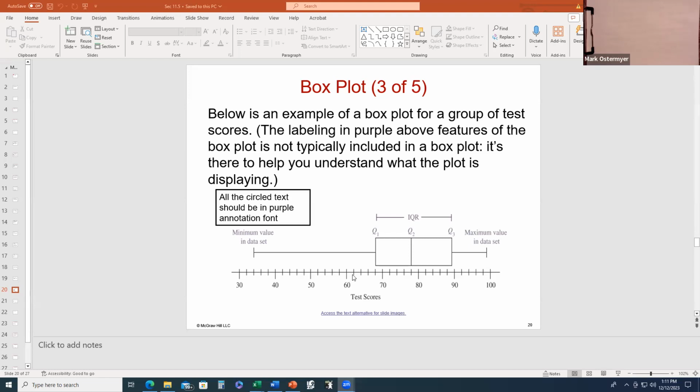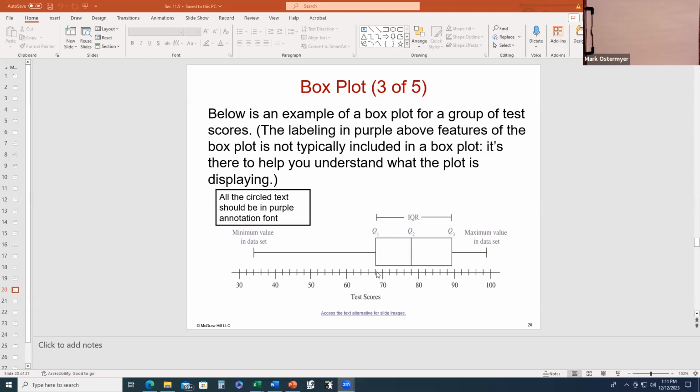So 62%, 64, 66, 68, and then 70%. 72%, 74%, 76%, 78%, 80%. So these tick marks are spaced by 2 percentage points apart. So the first quartile test score was 68%.